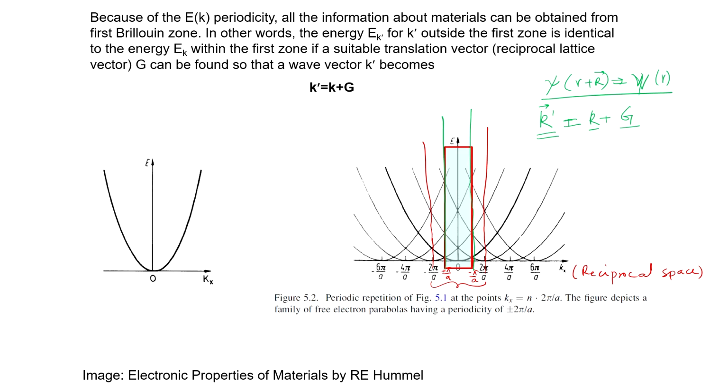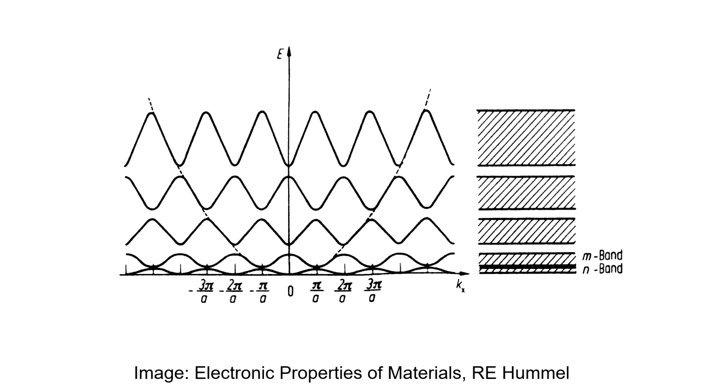So, this is what we are interested in, this first Brillouin zone. If you apply these diffraction conditions across the whole space, you get an E-k diagram like this. This is just in 1D, for a 1D crystal, not for a real crystal.